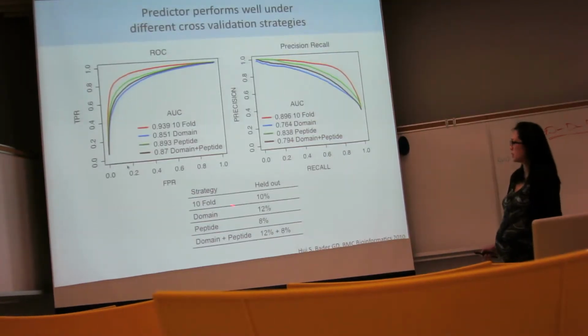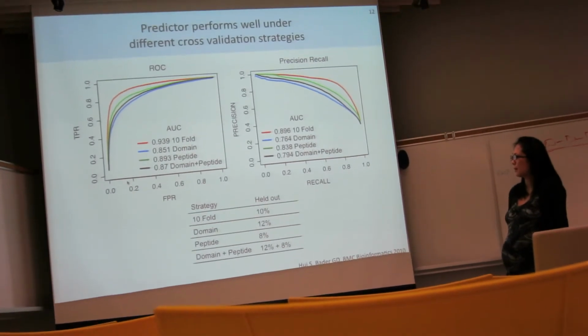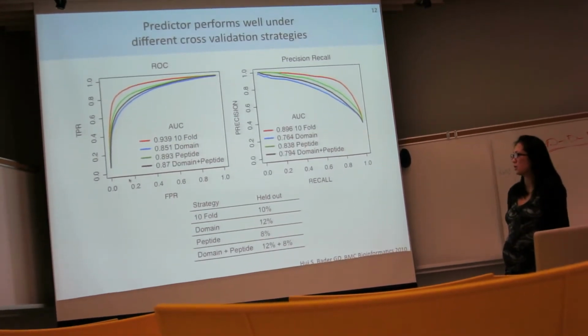We evaluated the predictor using different cross-validation strategies. These cross-validation strategies involved holding out subsets of the training set, and the performance measures are all close to 1. And so this indicates that we estimate the predictor should be able to perform well in practice.